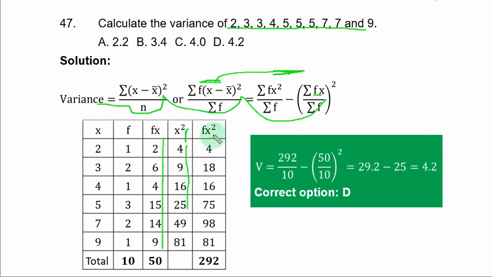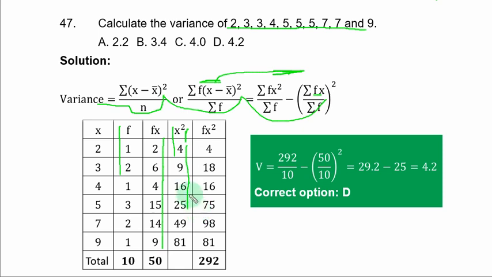Then for fx squared, you use the f column to multiply the x squared. 1 times 4 is 4. 2 times 9 is 18. 1 times 16 is 16. 3 times 25 is 75, and so on.